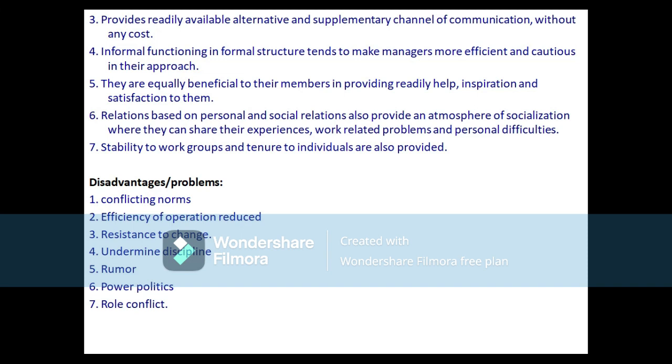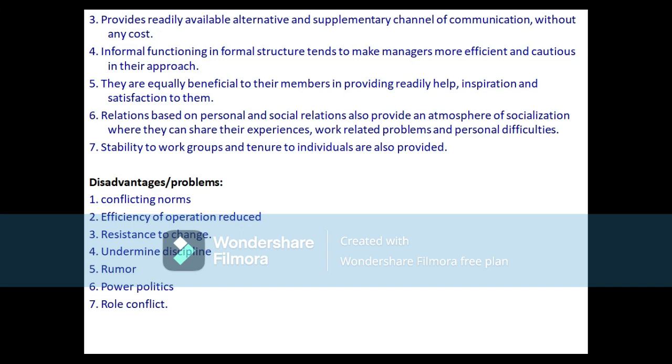But in informal organization there is no documentation, there is no written format, and there is no role given to a particular person that this person only has to communicate to others. If the situation demands, they will use whoever is ready to communicate. So a readily available alternative will be there, and a supplementary channel of communication can be seen without any cost.